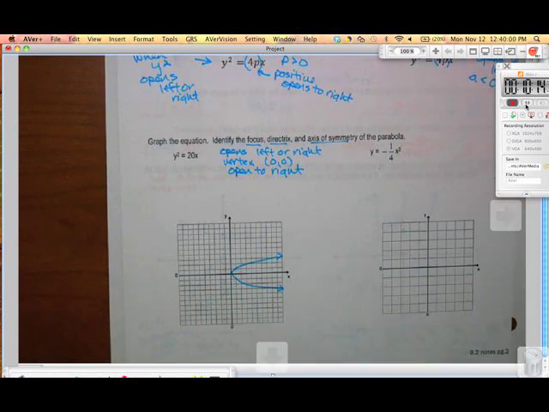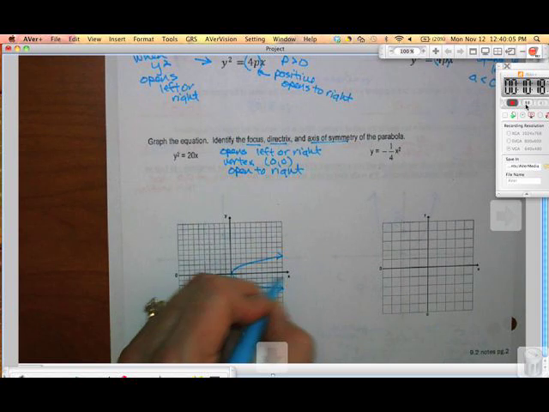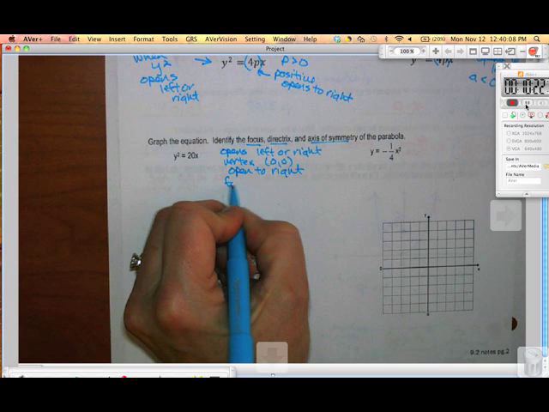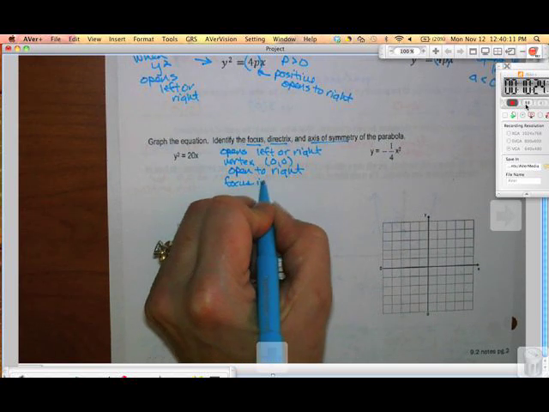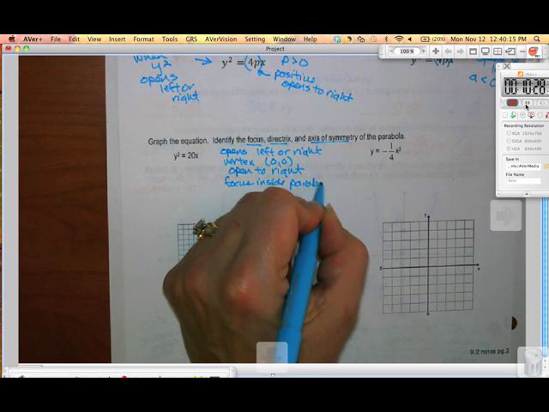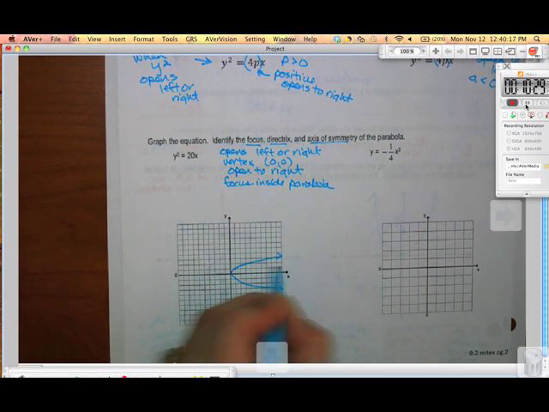And what that does for me is it now tells me that my focus is going to be somewhere here on the x-axis. And so remember, the focus is inside the parabola. It's what the parabola swings around.